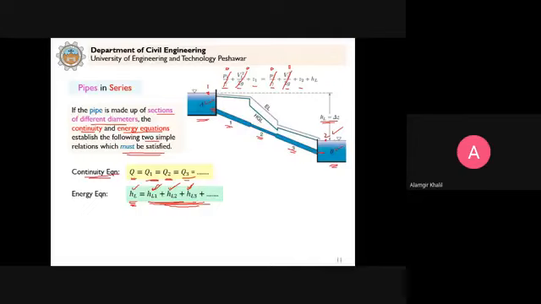So now what are we left with? We are left with Z1 and Z2, and also we have HL. So from this equation we have Z1 equal to Z2 plus HL.